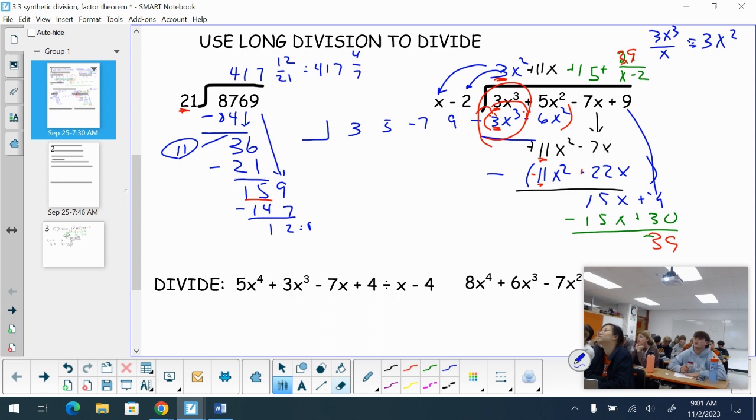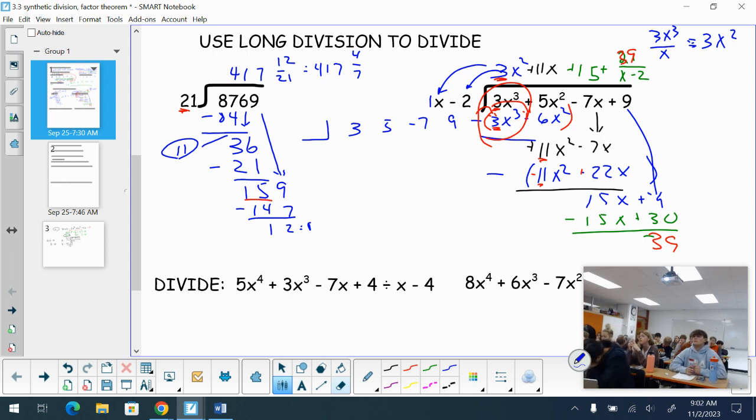If this is 1x, my coefficient here was going to be my coefficient up here, so I don't really worry about the x in front. What determined our next coefficient in our solution was multiplying the 3 times the -2 to give me -6, and then we subtracted to get to 11. This 11 was my next coefficient.